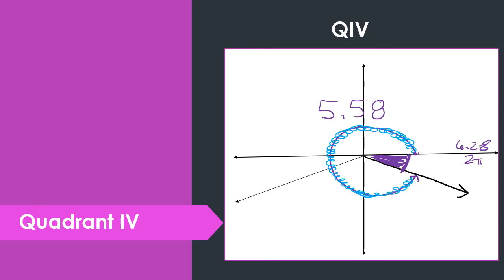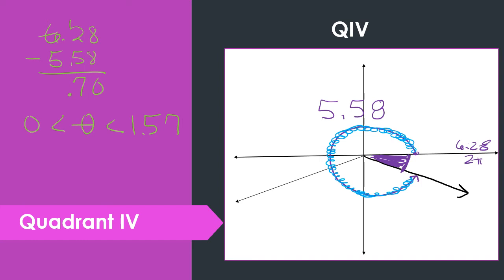So I'm going to take 6.28 and subtract my angle measure of 5.58, and I'm going to stack my fractions because I do not have a calculator. So I'm going to subtract, and 12 minus 5 is 7. So I have a reference angle measure of 0.7, which meets the condition that it's acute because theta is between 0 and 1.57.